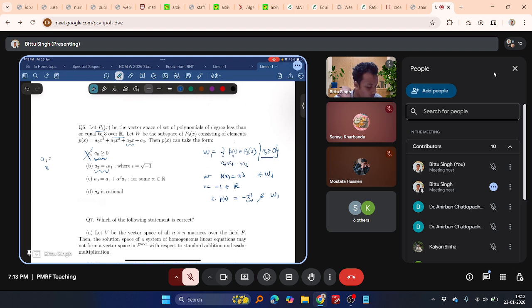If we take A1 equal to 1, then this will imply A2 equals iota. So it is x squared plus A2x, where A2x means iota x. This element satisfies this condition, but it cannot belong to W because W must be a subspace of P3R.